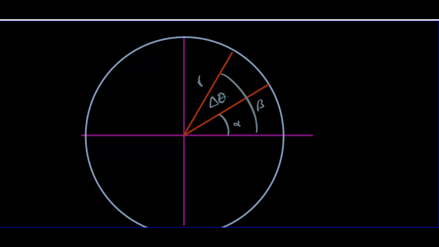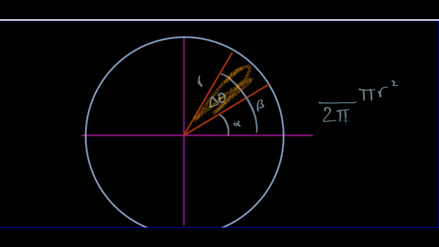But now, if I want to find the area of this sector, one of the things we learned back in geometry was that the total area of a circle is pi r squared. This is not the whole circle. This is a fraction of a circle that has 2 pi radians.